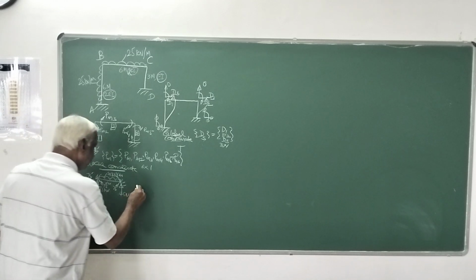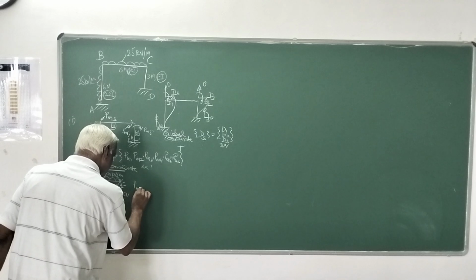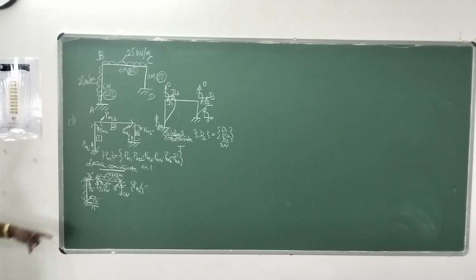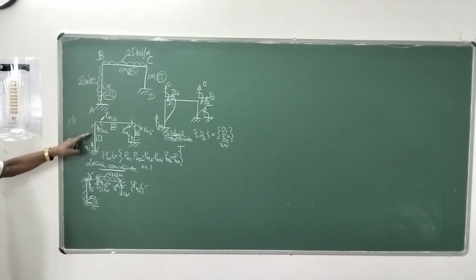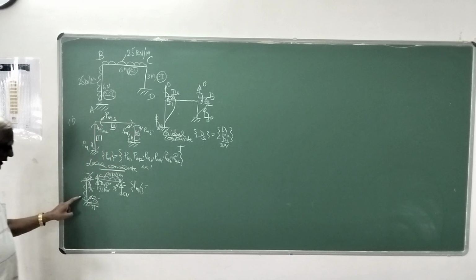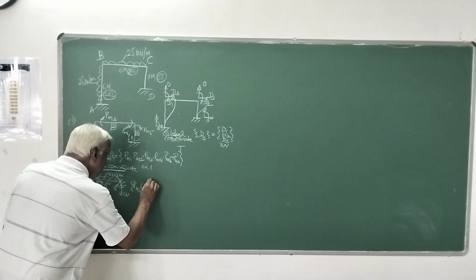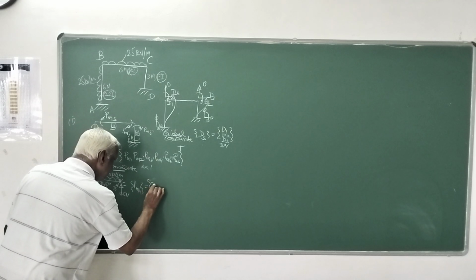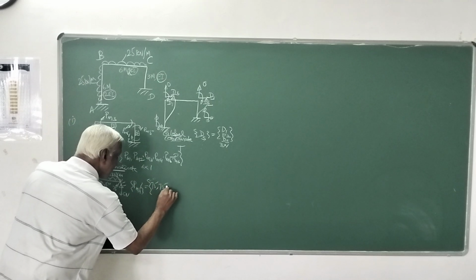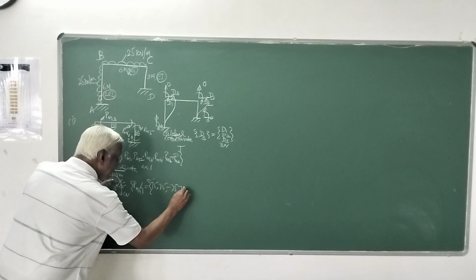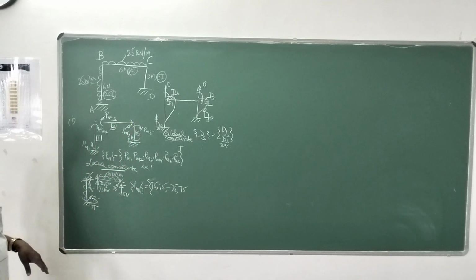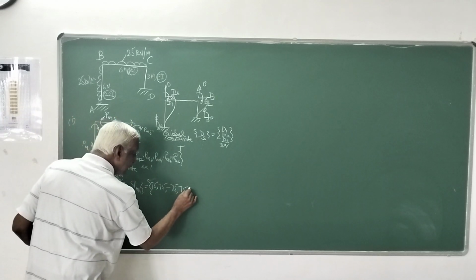Now, therefore, your PMF, that is member end actions, member end moments corresponding to these local coordinates are minus 75, 75, minus 75, plus 75, and in this member no load is there, so it is 0, 0.